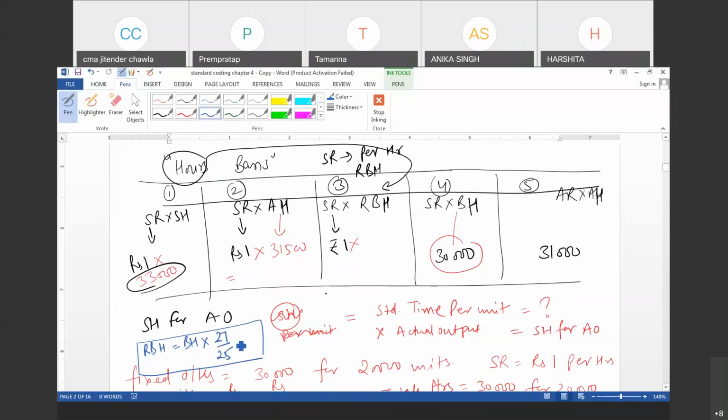And how much have you budgeted? Budgeted is 30,000. We have just calculated. So this number will work out to be 32,400. Is this one clear? Please reply.